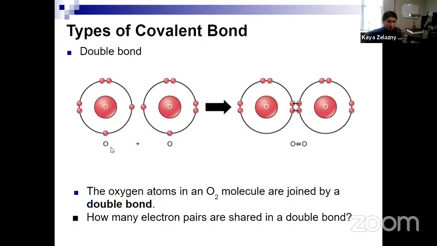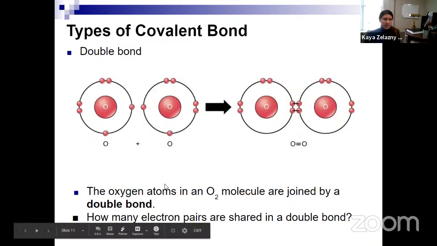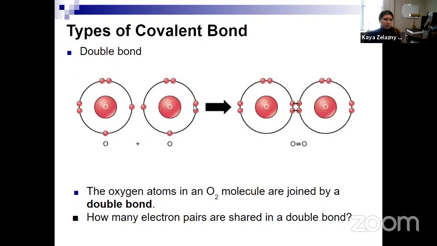You should know that double bonds can form. So when we have oxygen in the air, it's 2 oxygen atoms bonded together into a molecule. And the reason that happens is each oxygen is trying to find an electron to share here. It's trying to find an electron to share here, right? It needs 2 more electrons. So it's looking to form 2 covalent bonds.